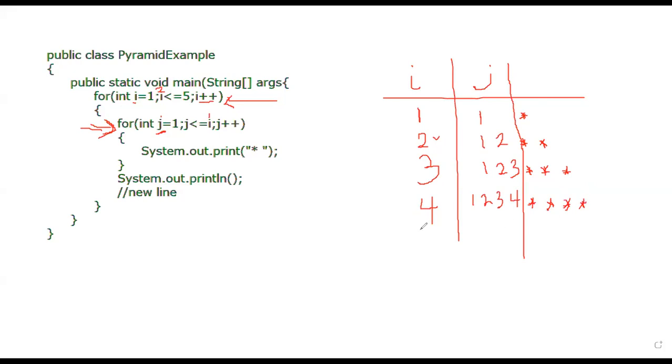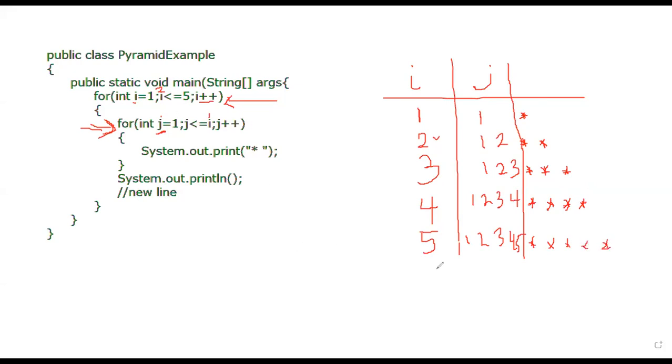When I is 5, we said I should be less than or equal to 5, so the j would go from 1, 2, 3, all the way to 5, because our j should be less than or equal to our I. So we print this star 5 times.